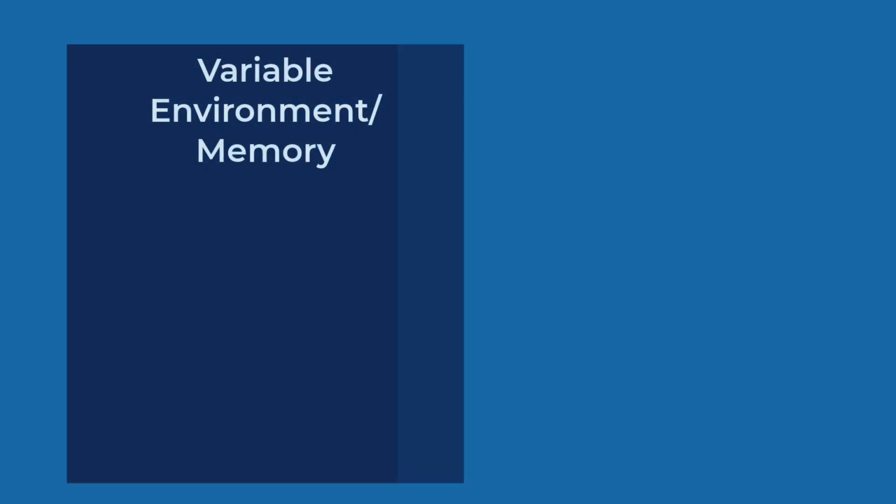JavaScript has a component called variable environment. This variable environment will store all the code in key value pairs. So if there is a statement in JavaScript, the statement identifier will become the key of that object, and the value inside will be the property value.